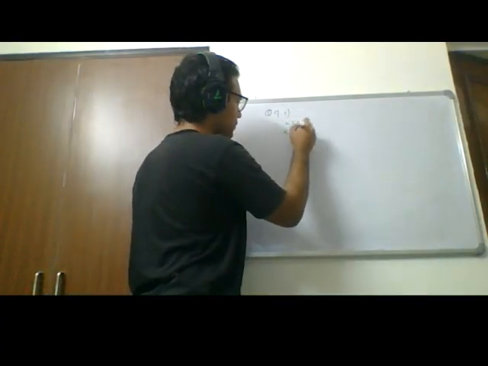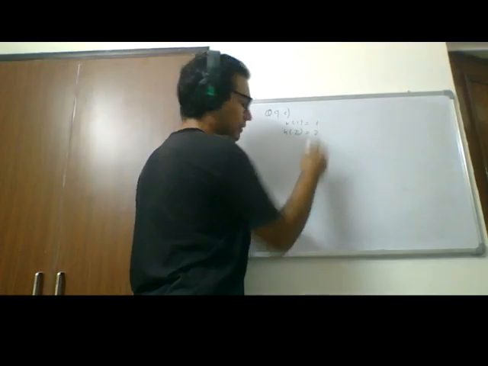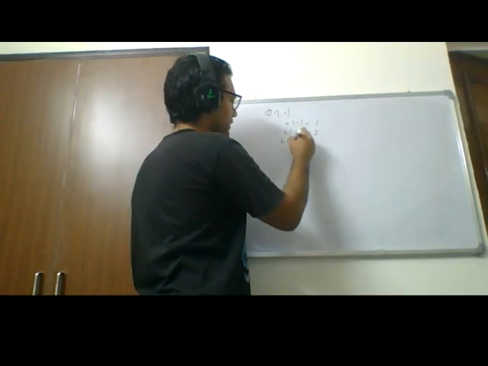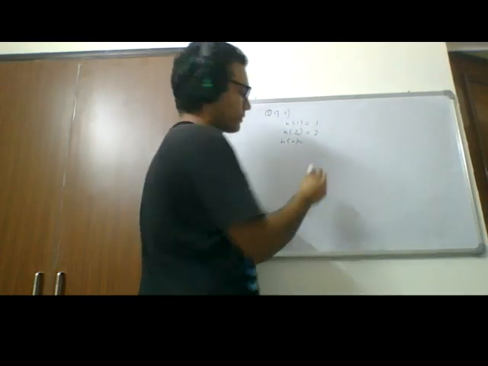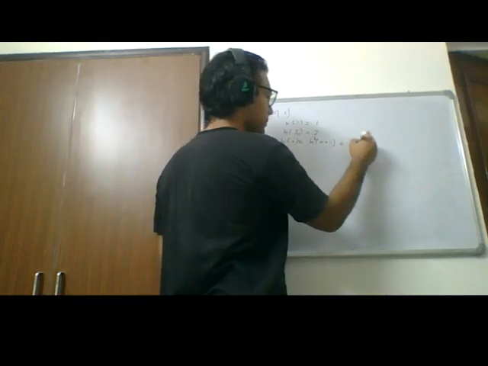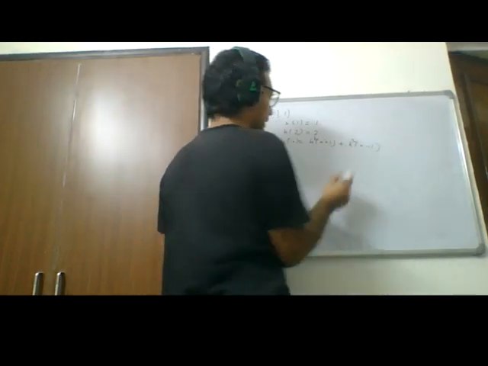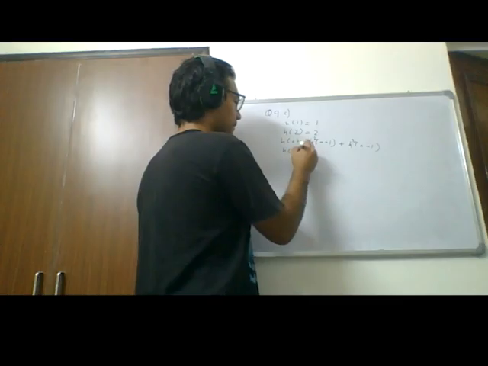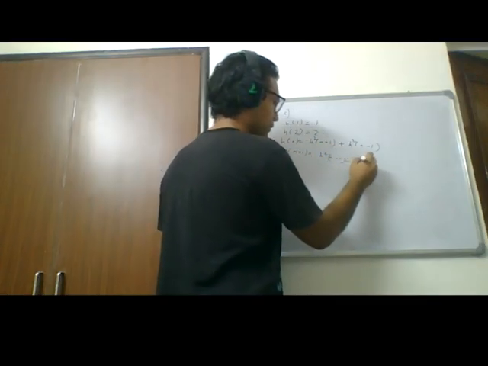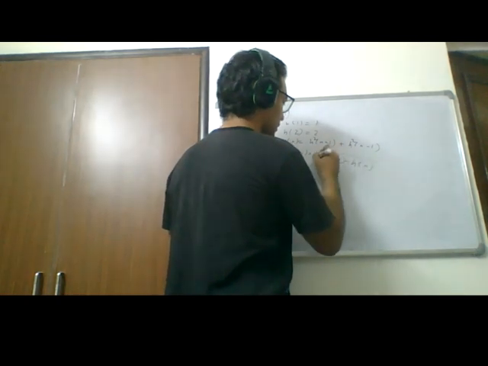H of 2 is 2. And H of n is equal to H of n plus 1 squared plus H of n minus 1 squared. Yeah. So H of n plus 1 squared is equal to H of n minus 1 squared minus H of n squared, right.